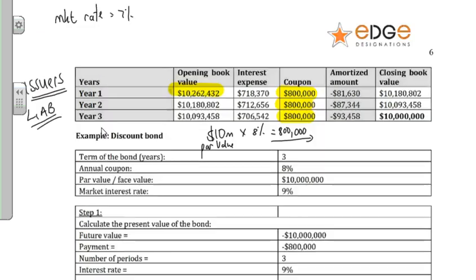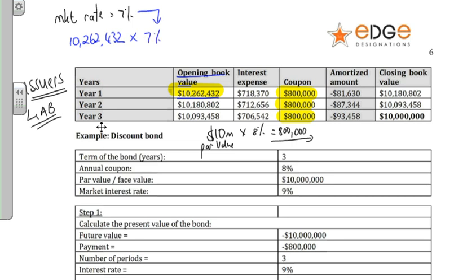But let's look at the interest expense. Let's work it out. The interest expense is what? Remember what we said. It's always opening value, so it'll be 10,262,432 times, what's the market rate? Remember, we use the market rate, not the coupon, times 7%.